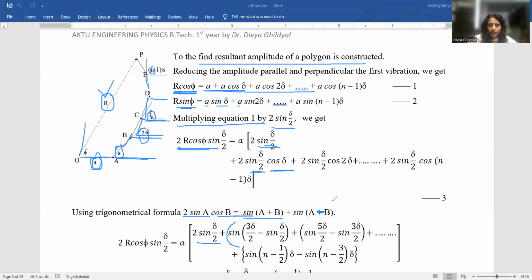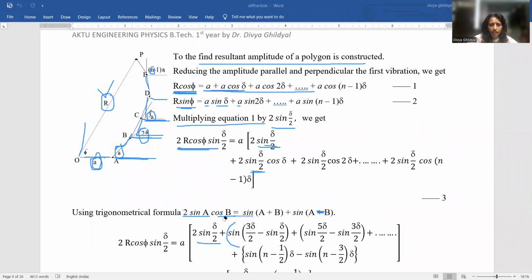Here this is sine A, and this is my cos B. So I used A as del by 2 and B as del. So I get 3 del by 2 when I add them and del by 2 when I subtract them. Hope it is clear.